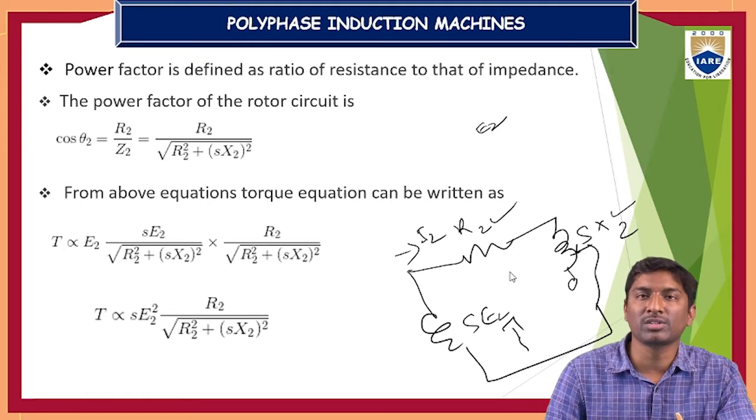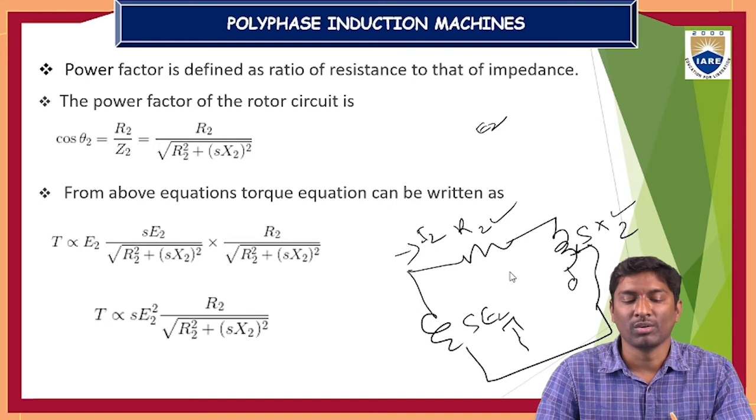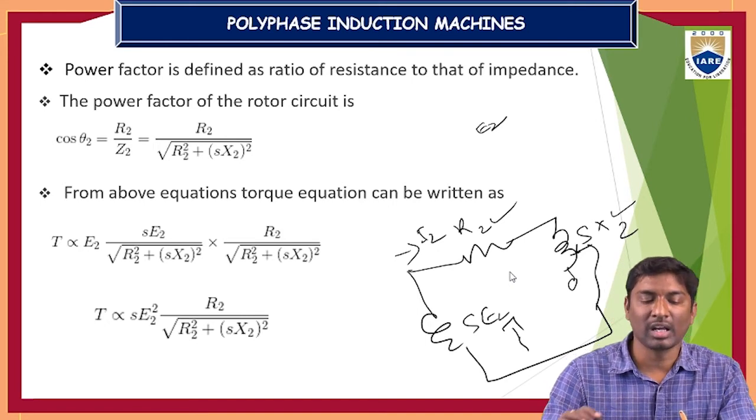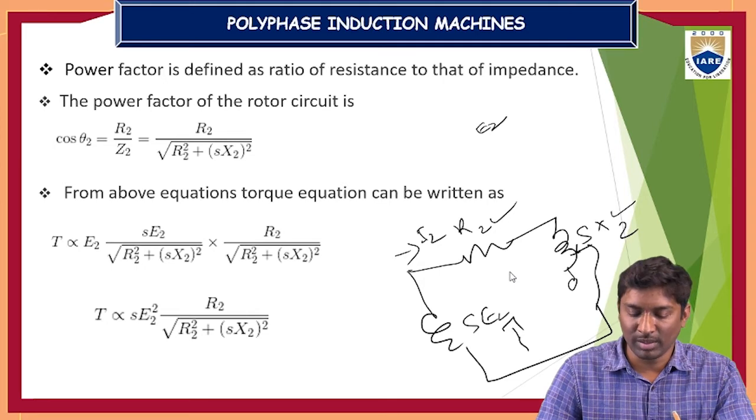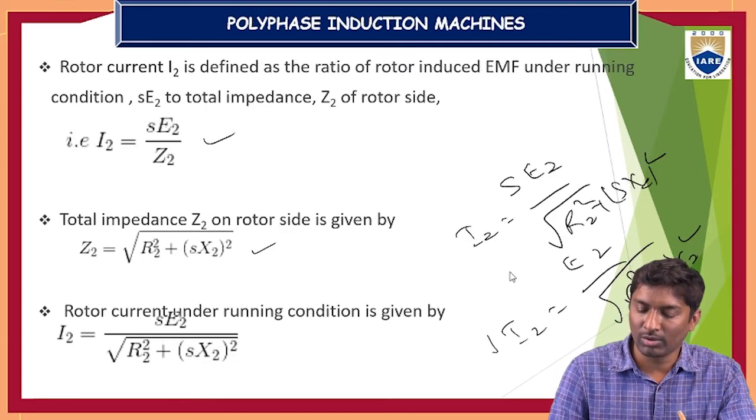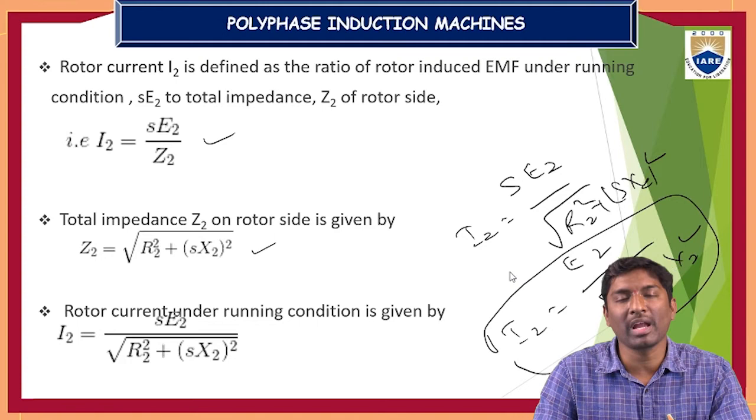The rotor induced EMF at running condition is S into E2. So under standstill condition, the rotor current I2 is equal to E2 divided by the square root of R2 squared plus X2 squared.